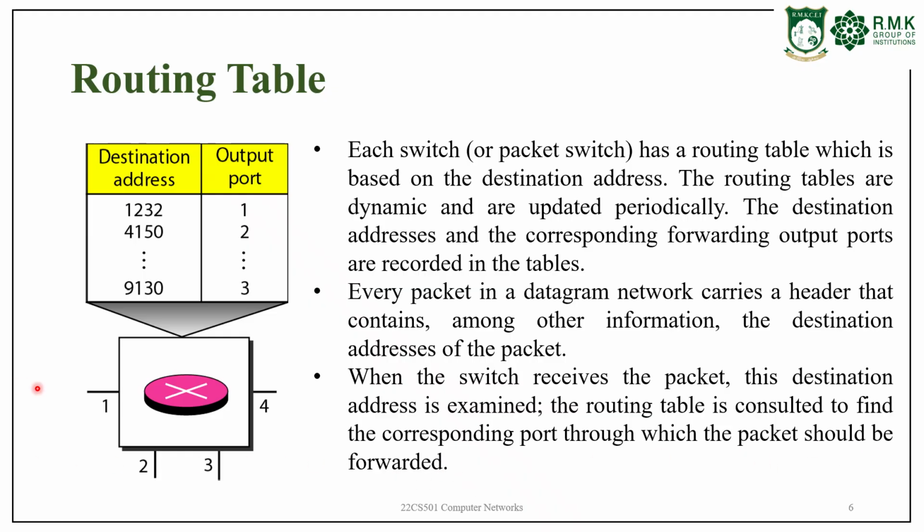For example, when the first datagram is received, it checks the IP address and the next router to transmit the data to. That information is obtained from the routing table and it transmits the data to the next router. The next router also has a routing table, so it also checks the IP address and, according to the IP address, it transmits the data to the next one.